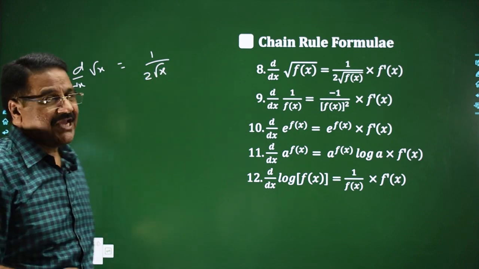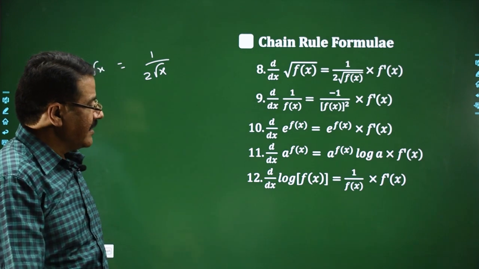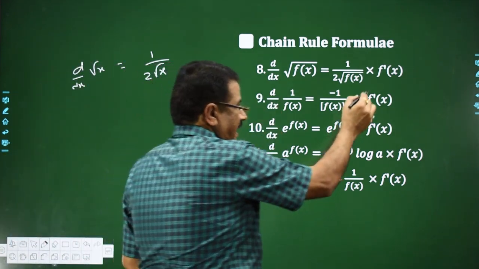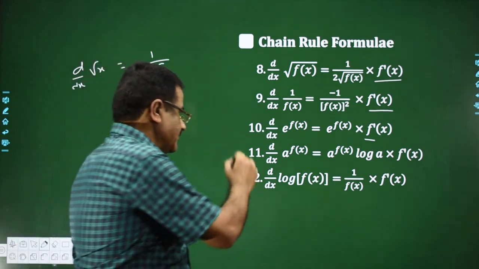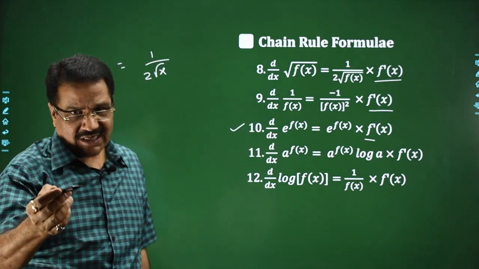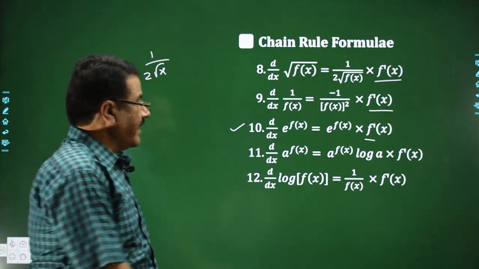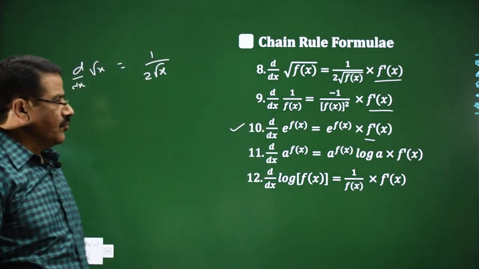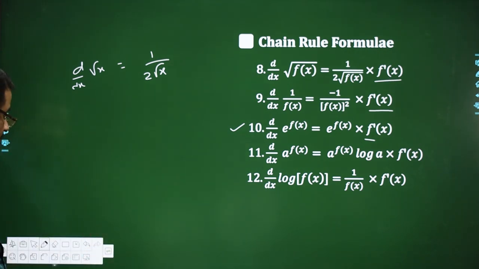What is the only change? Instead of x it is f(x). And then whenever it is f(x) we have to take its derivative as f dash of x. As far as formula number 10 is concerned, I have just solved the example based on that, that is e raised to sin x. So, all these formulae must be known to you. There are as many as 12 formulas on this chain rule.